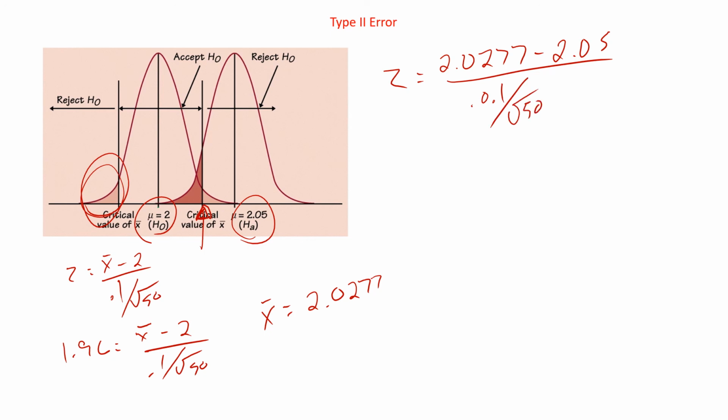We can do the subtraction, division. We get z equals negative 1.58. We can take that to table A to get the probability. That p-value equals 0.0571.